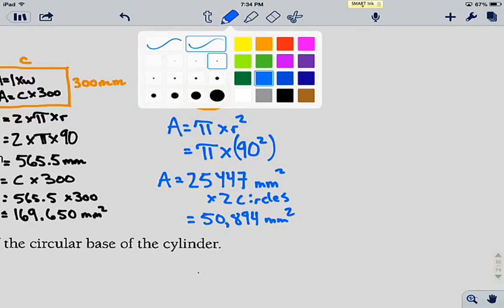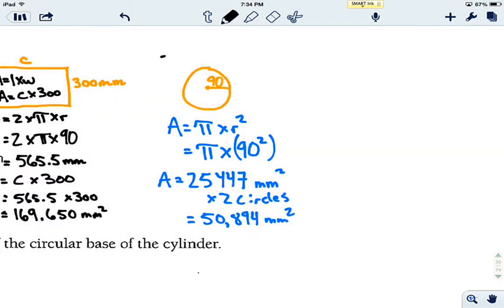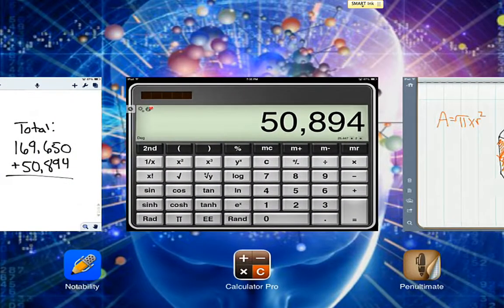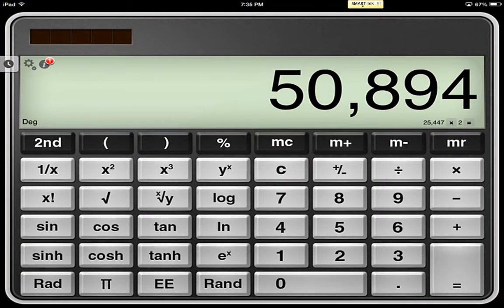The last step is to add it all up, and I'm going to do that in black. My total area is my rectangle portion, 169,650, plus my circle portion, 50,894. Let's add that up.